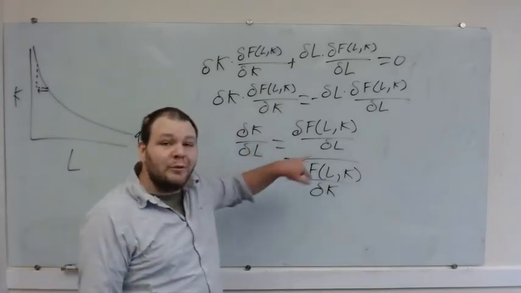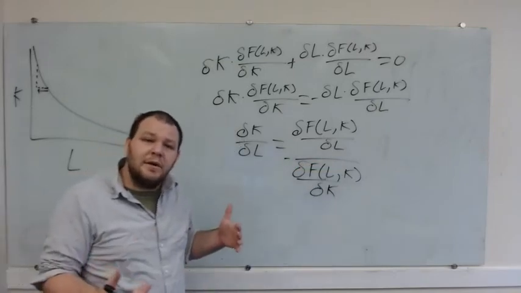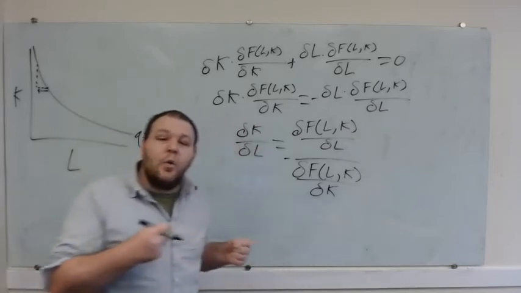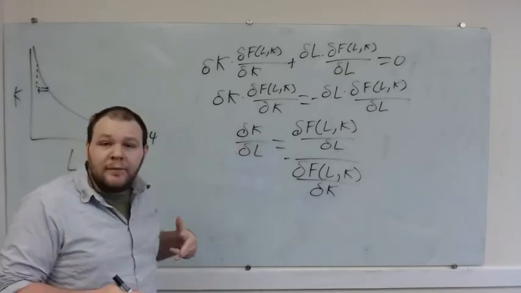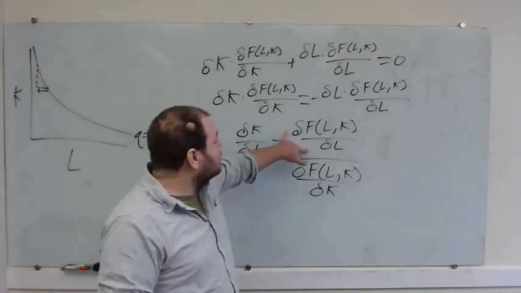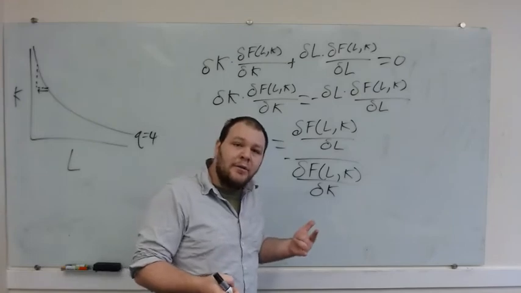So this should look really, really familiar, right? What we're saying is the amount of capital that we'd have to hire in order to fire a worker without changing our output is going to be the marginal product of labor divided by the marginal product of capital, right?